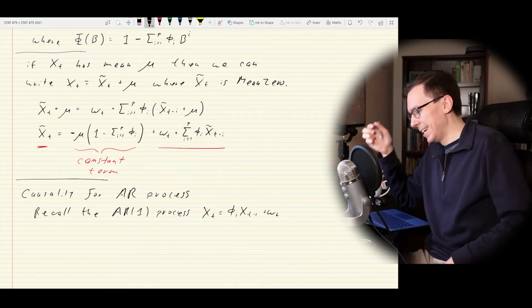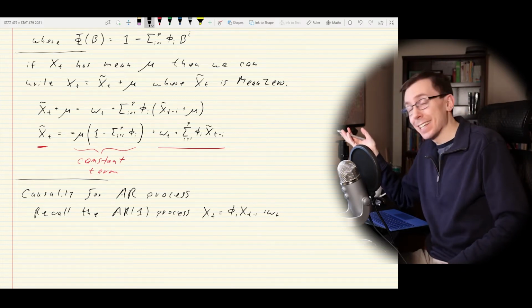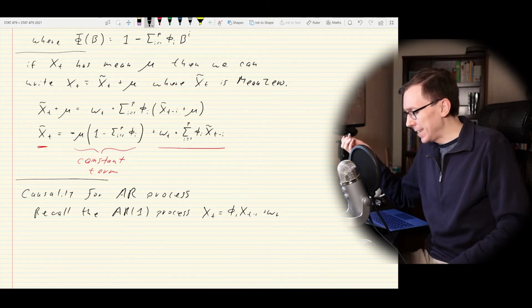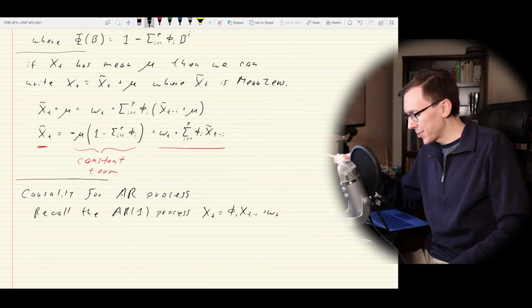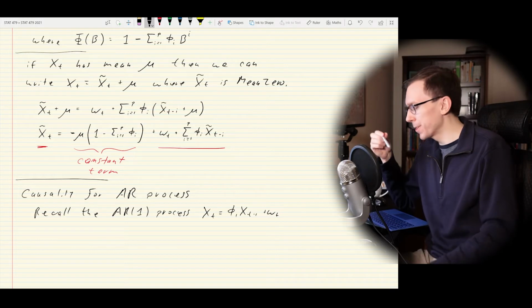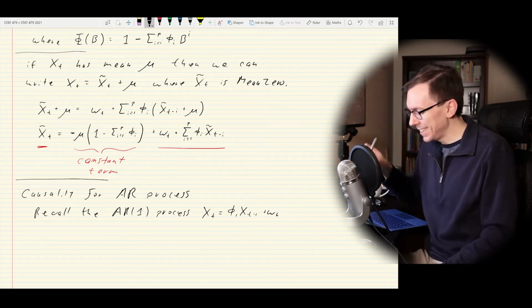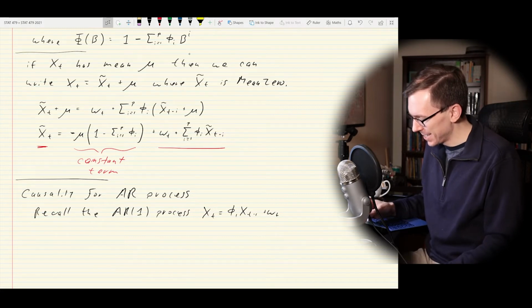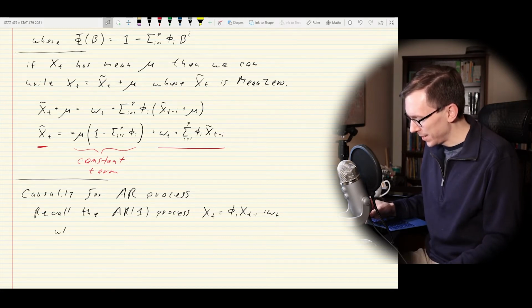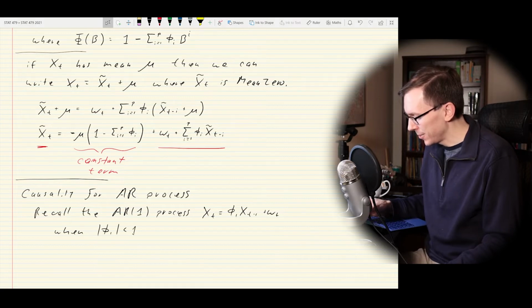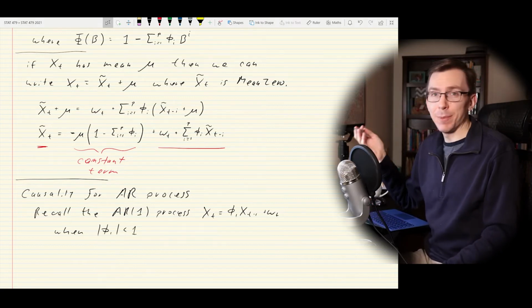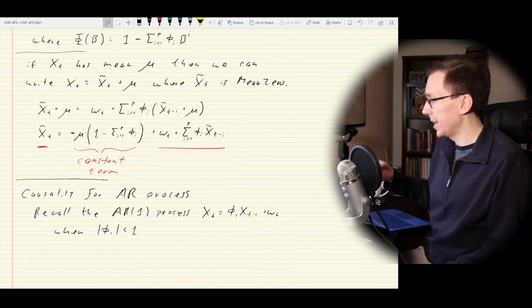So it's like saying the price of, say, a stock is influenced by the price yesterday and some random fluctuation. But that only makes sense in the case that we'll consider when phi 1 is in magnitude less than 1. And we looked at this before, that implies stationarity.